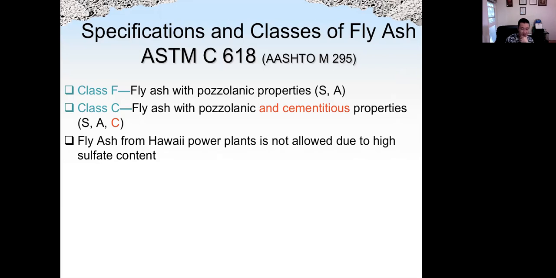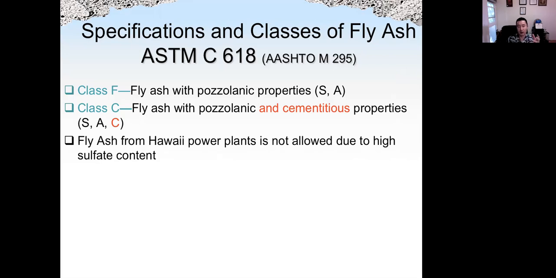And fly ash from Hawaii is not allowed due to high sulfate content. The sulfate content in our local fly ash is too high. As a result, it's not allowed to be used in Portland cement. However, we have an ongoing research project trying to use our local high sulfate fly ash in concrete.